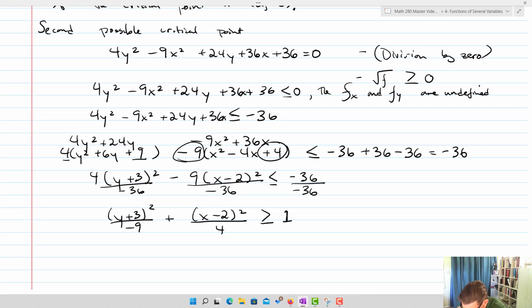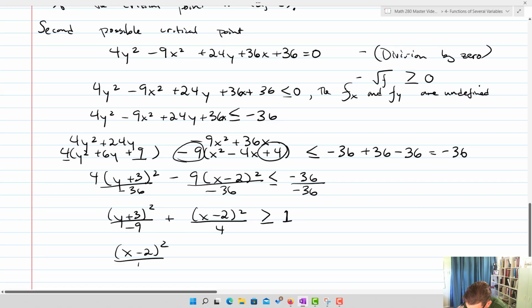And if I shift that around, that's going to then be x minus 2 squared over 4 minus y plus 3 squared over 9 is in fact greater than or equal to 1. And so that's a hyperbola.